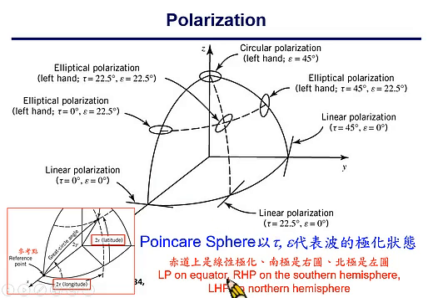If epsilon equals 0, it's a linear polarization. If it's in the northern hemisphere, on the top of the sphere, it's a left-hand circular polarization. If its location is in the southern hemisphere, then it's a right-hand polarization.